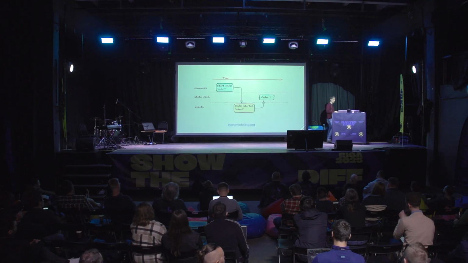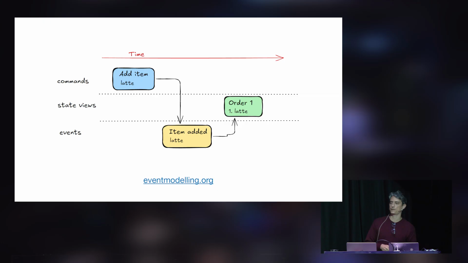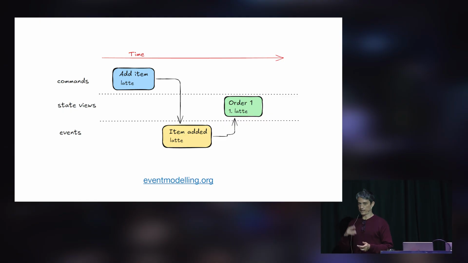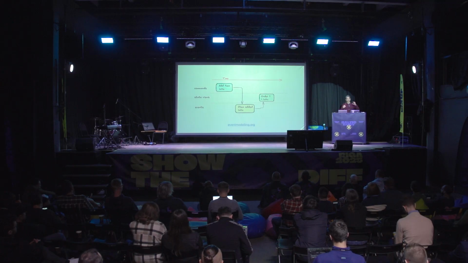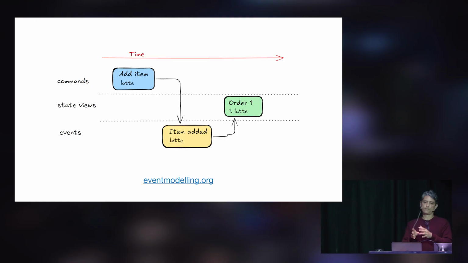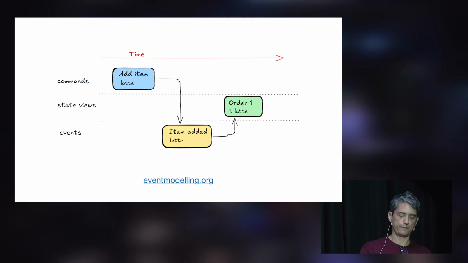Then we collect those events, and we apply them to a bit of state, and we get to the current version of that order. It's an order with an ID, order 1. And we keep going. We send the next command to that order, add item, it's a latte, resulting in an event. Now we apply that event to the current state that we had from before, and now we have an order called order 1 with one product in it, a latte. So we can derive current state from historical events, from facts that have happened.